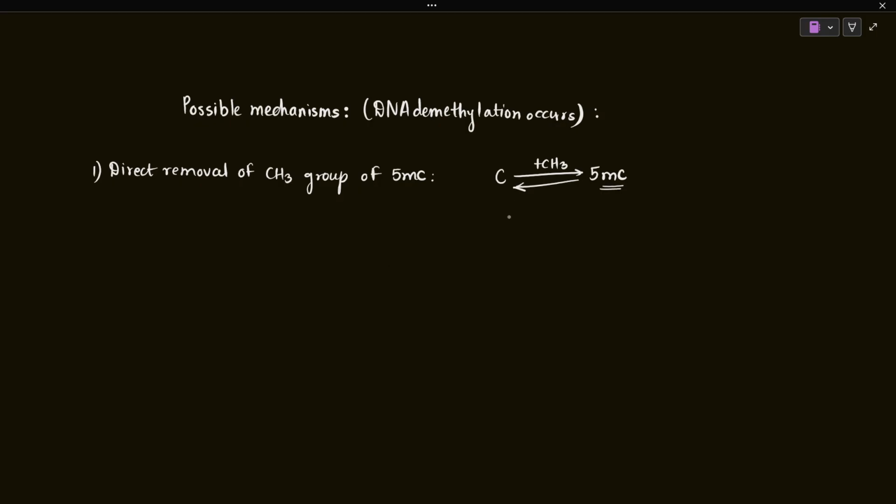Why? Because formation of a carbon-carbon bond is feasible, but breakage of a carbon-carbon bond, which is highly stable, is not favorable. This is thermodynamically not favorable, and that is why direct removal of the CH3 group is not possible.